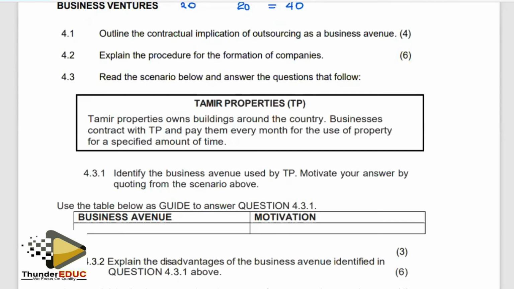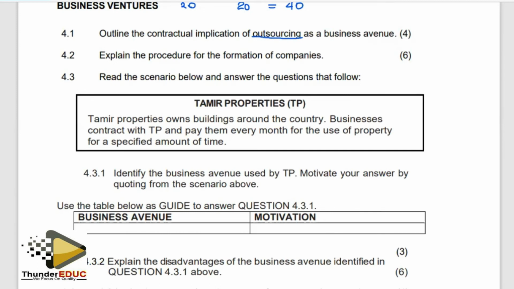I want us to remind ourselves what outsourcing is. Just as a reminder, outsourcing is when a business hires another business to be part of its business obligation, and when such a task is completed, the contract of the other business is terminated. A business hires another business to be part of its activity.